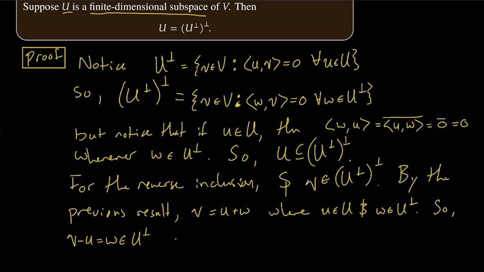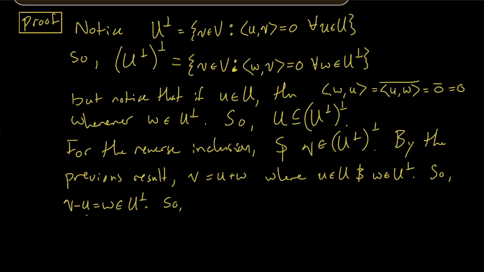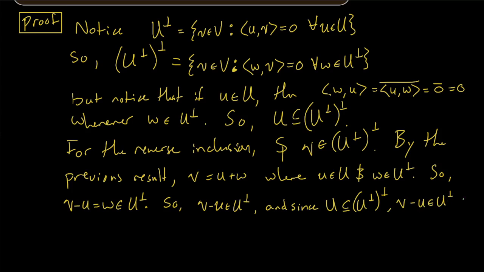All right, but think about this. V is in U perp perp. Since we've got W in U perp and V minus U in U perp, and since U is contained in U perp perp, V minus U is in U perp perp, right?